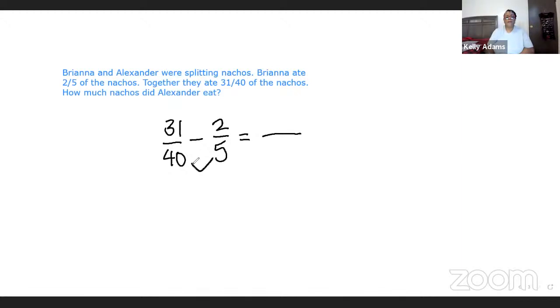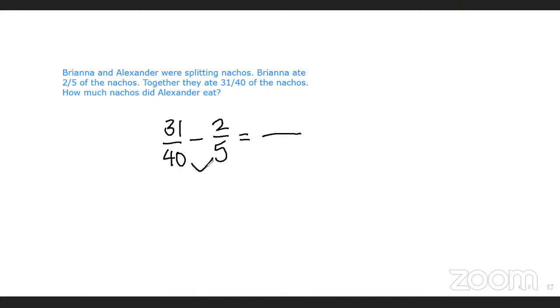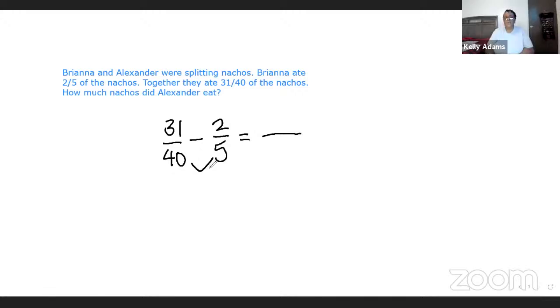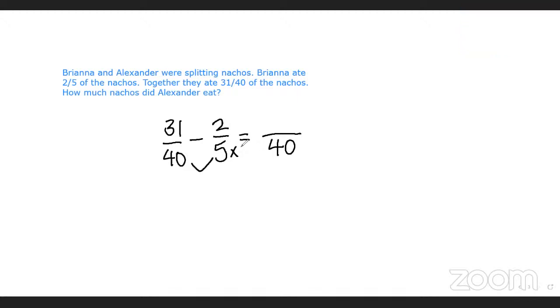We're going to multiply 40 and 5. But do we really have to multiply 40 and 5? You don't really have to, because we know 40 is going to be the common denominator. So I'm just going to put 40 over here. 5 times what is 40? 8.